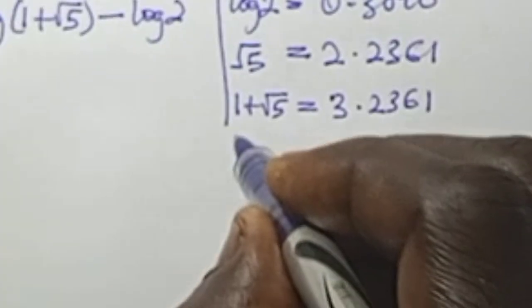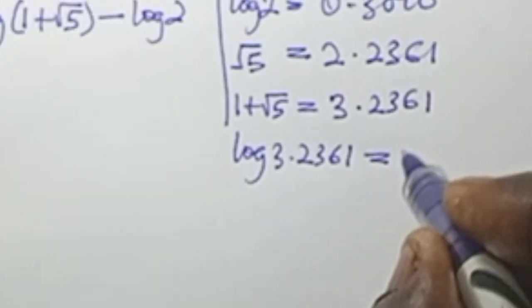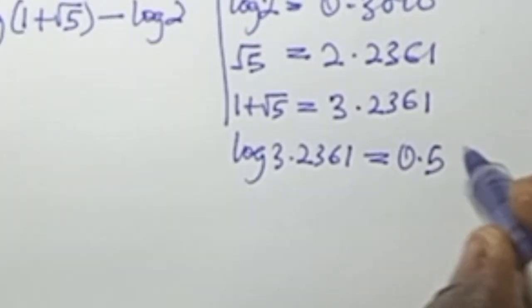And if you take the log of that, log 3.2361, we arrive at 0.5100.